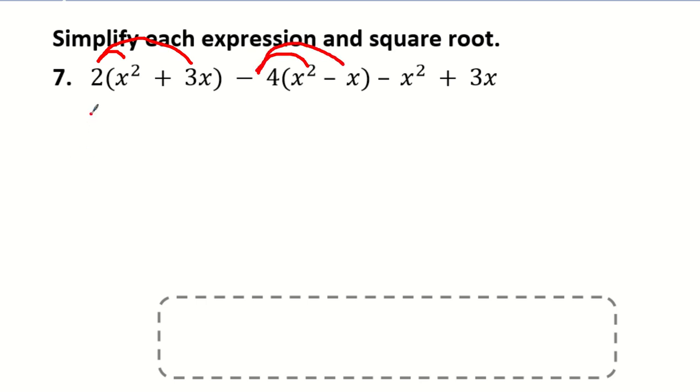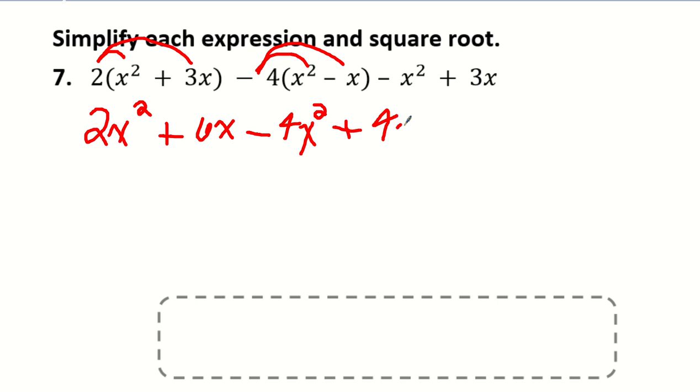And so whereas this would just be 2 times x squared plus 2 times 3x, that's 6x. Here we're distributing a negative 4, so negative 4 times x squared is just negative 4x squared. And then negative 4 times negative x, well, that's going to be positive 4x. And then these other terms would just drop down for now.